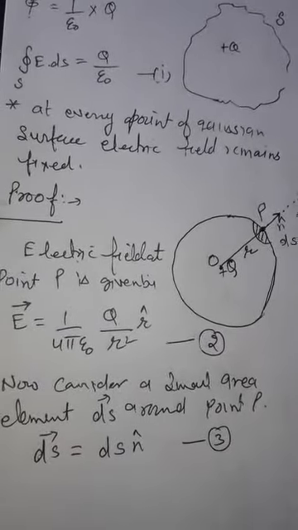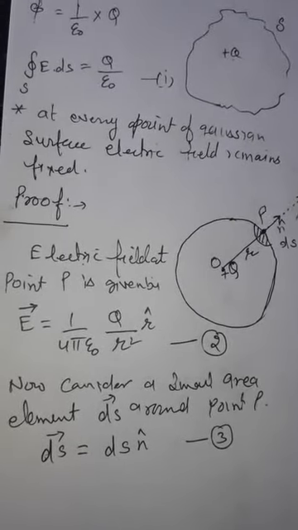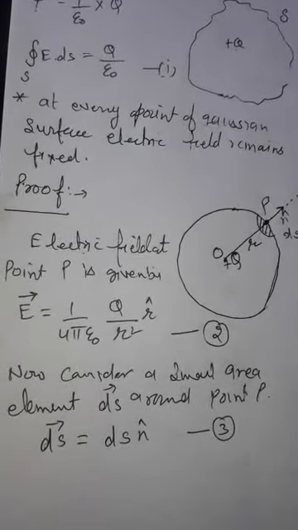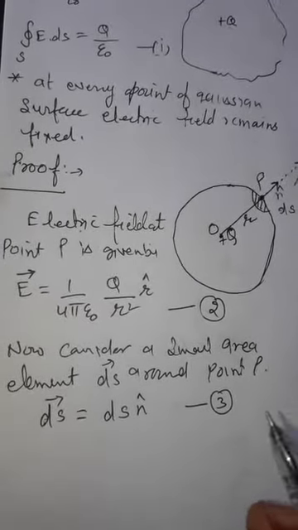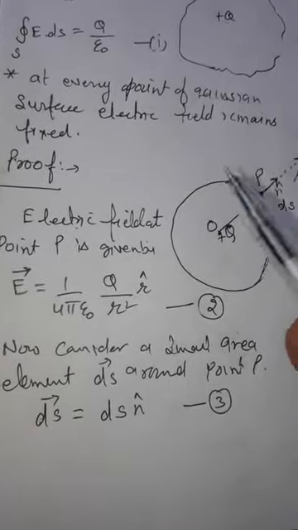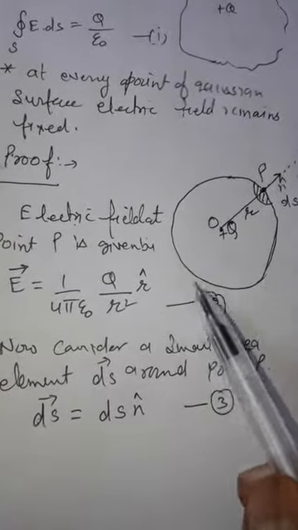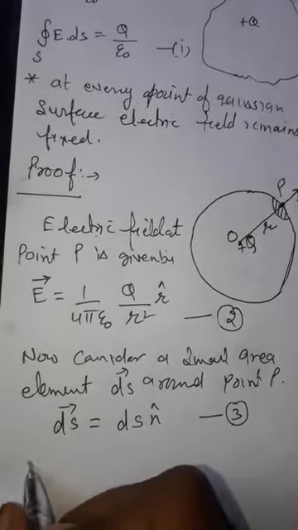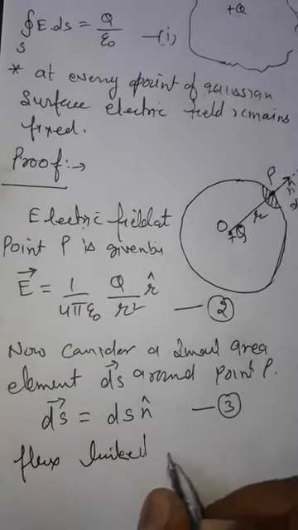Now we know that according to Gauss law, the surface integral is the total flux passing through the surface. Here the Gaussian surface is a sphere.